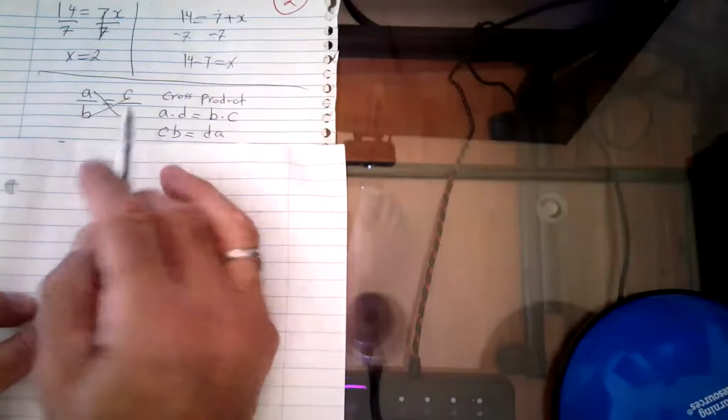We have a formula, which they call cross product or cross multiplication. If two fractions are equal, you could always cross multiply and do it this way. Look at this problem here: 3n equal 4 equal to that.